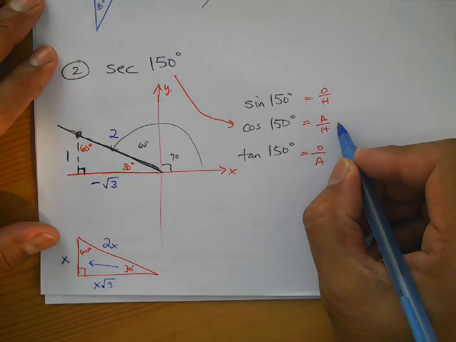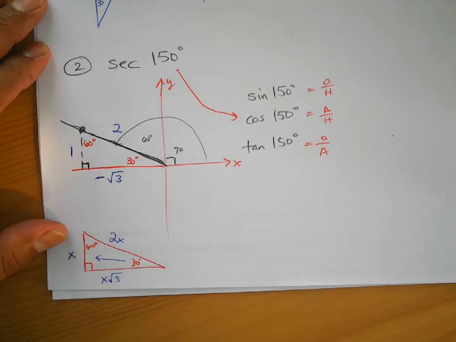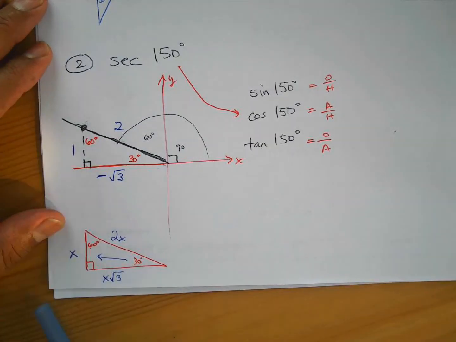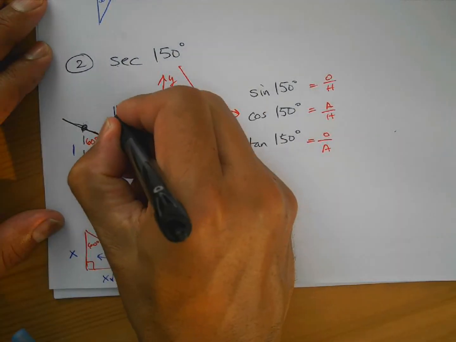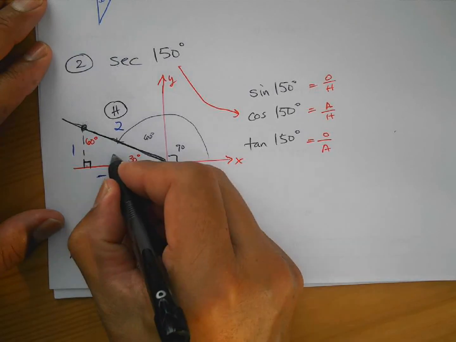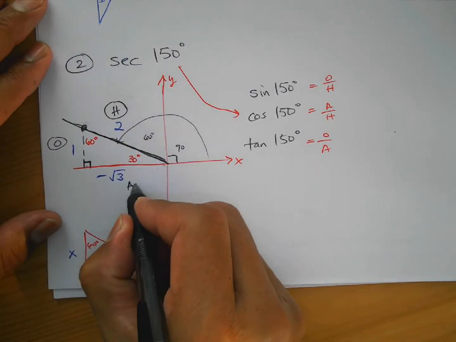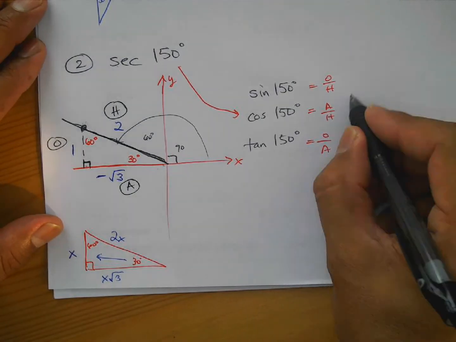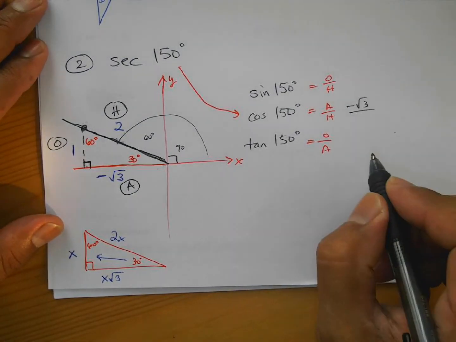So cosine is a over h, oh, I didn't label my sides. Go back over here. Don't just see a blank paper here. This is obviously the hypotenuse side. This is the opposite side. Here's my A. Okay, now I won't get it wrong. Cosine is negative root 3 over 2.